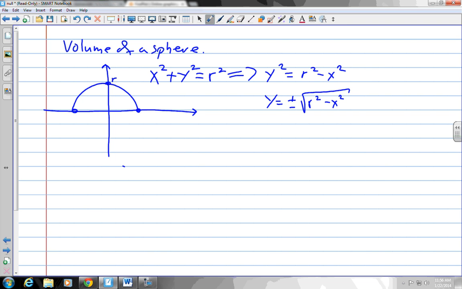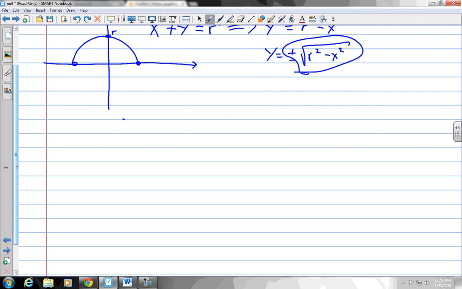Since we're trying to rotate the upper semicircle, we're going to do the plus. You can rotate the bottom, it doesn't matter because you're going to be squaring it anyway. But is that okay? So we'll be integrating this function, that's the radius of our disks, squared.